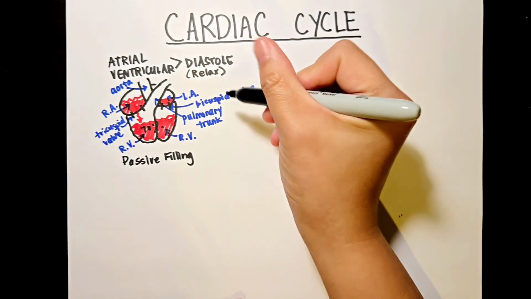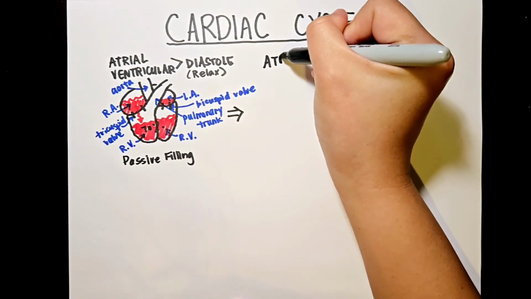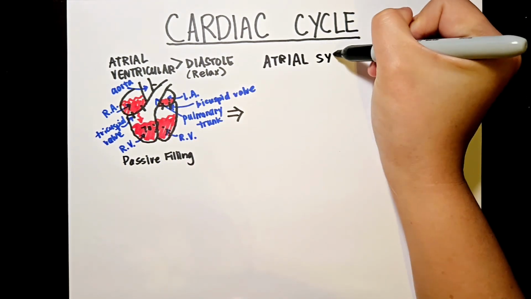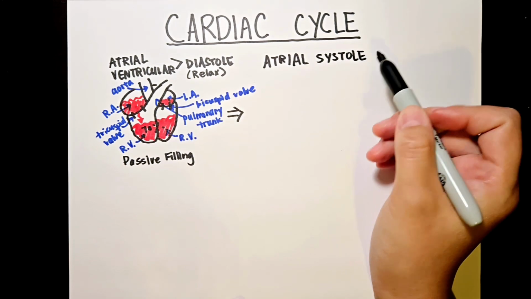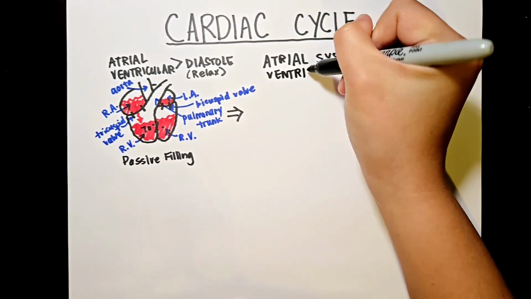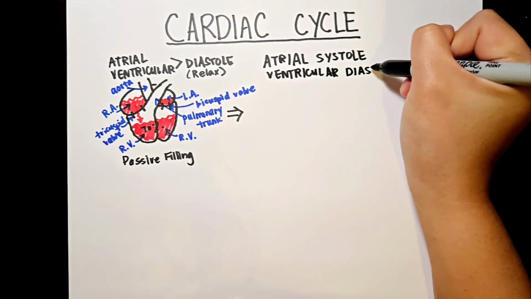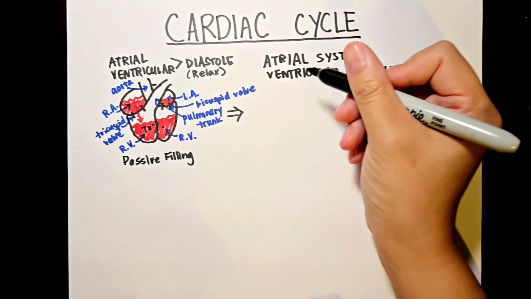And then the next step is where the atria undergo systole, or atrial systole. At this point, ventricles are still under diastole and have not switched over to systole just yet.